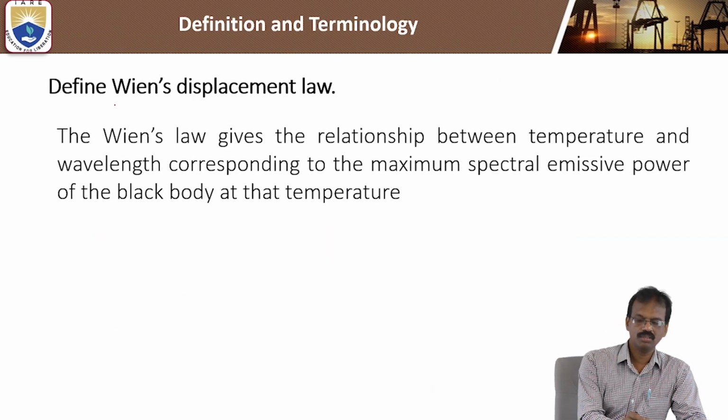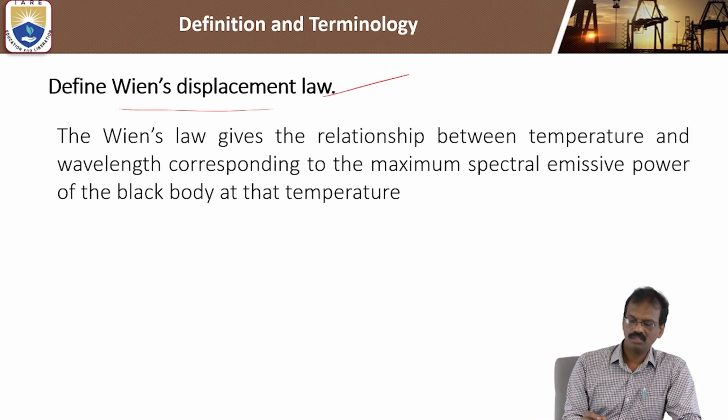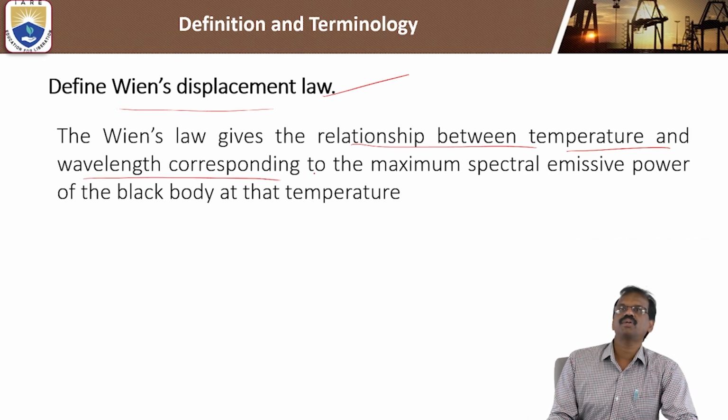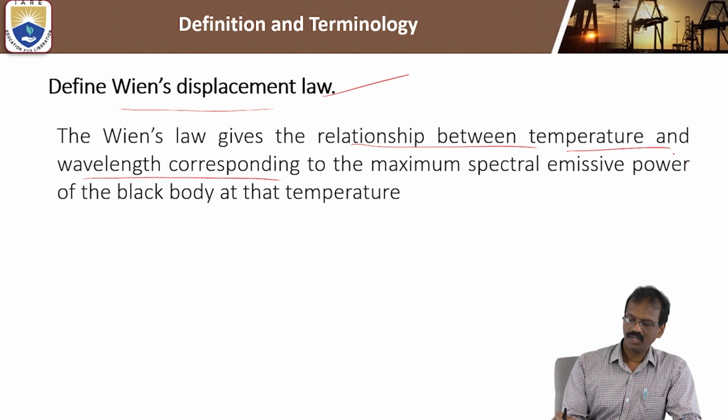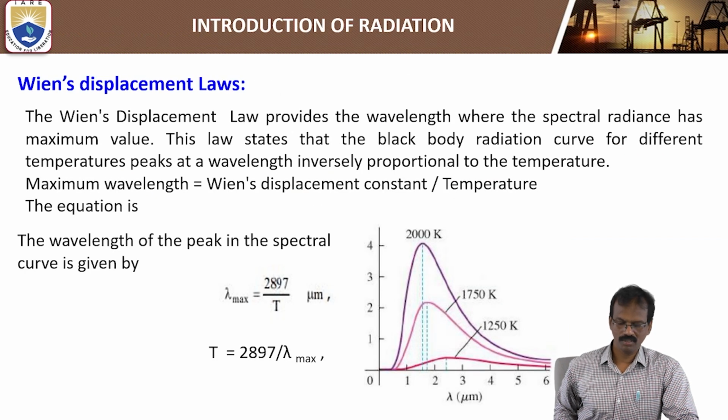What is Wien's displacement law? Wien's law gives the relationship between the temperature and the wavelength corresponding to maximum spectral emissive power. For finding the maximum spectral emissive power at a particular wavelength, we use this Wien's law. This is the formula for Wien's law.